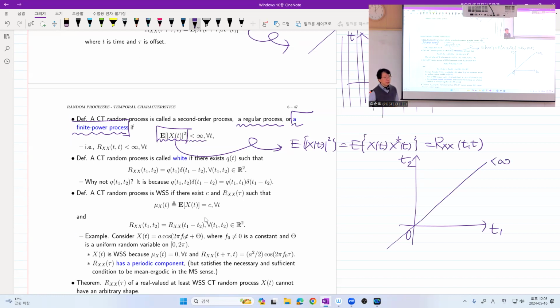It is finite. So you have some value, complex value in this case, real value is constant, and it is finite. That means you have a finite power random process. Sometimes some people say that if a random process has finite ensemble averaged power, they call it a second order random process. So it's very confusing. Some people call it a second order random process.